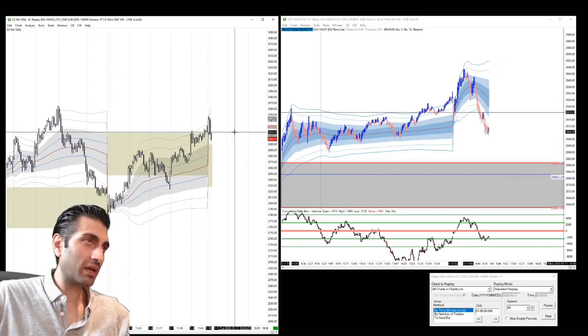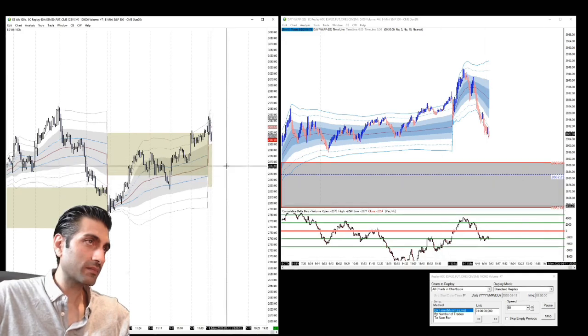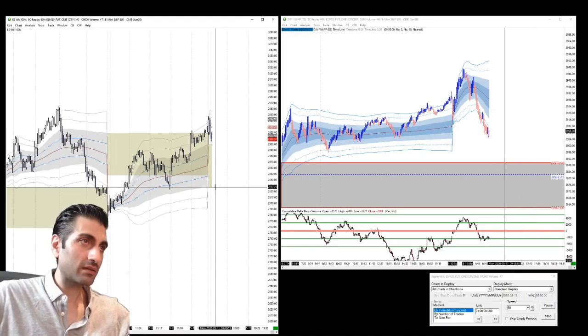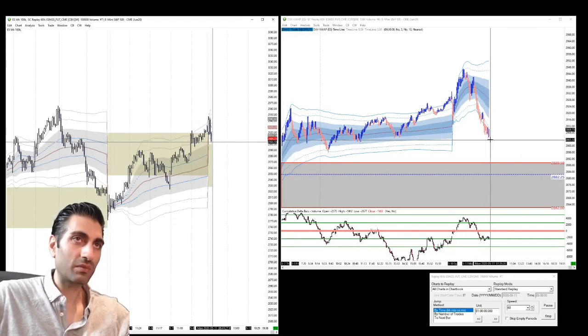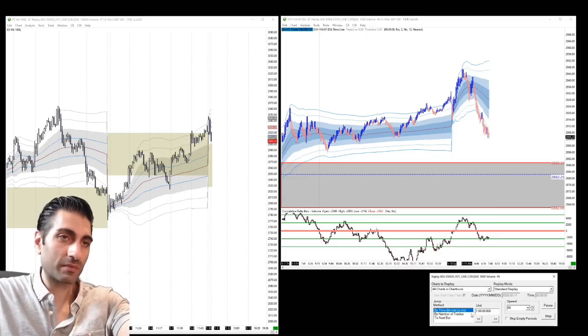So just be aware that, where's our prior value? It's there, isn't it? 2899 and 2827. We haven't really come into the open. So again, let me just move this forward 12 hours.